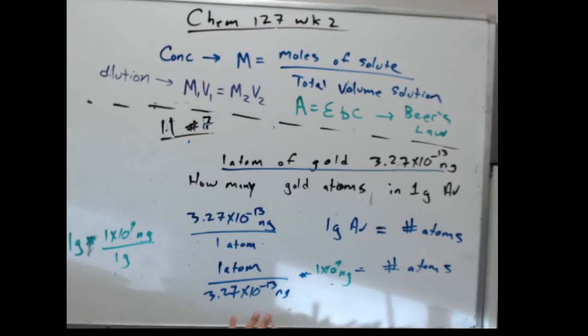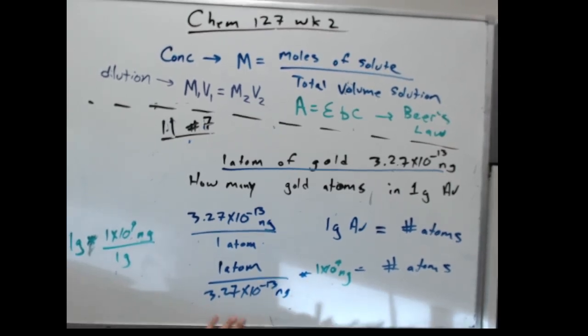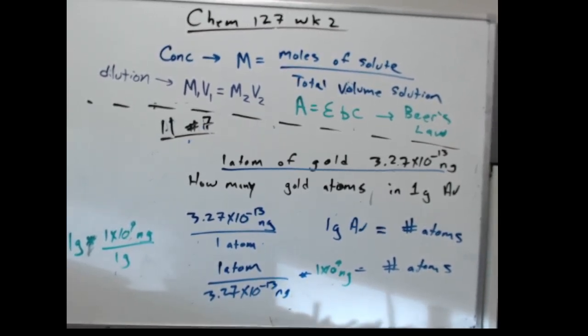Now I just do 1 times 10 to the 9 divided by 3.27 times 10 to the minus 13. Before we do this, are you expecting a gram of gold to have a lot of atoms or only a few atoms? A lot. A lot, like billions and billions and billions. So I'm going to do 1 times 10 to the 9 divided by 3.27 times 10 to the minus 13.